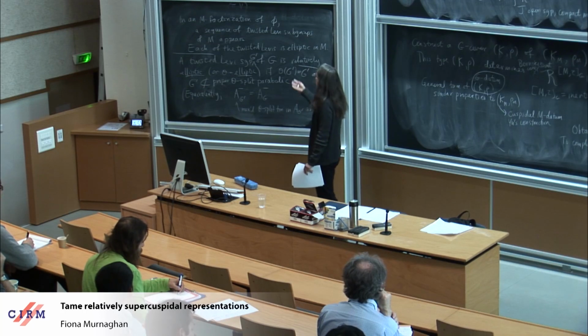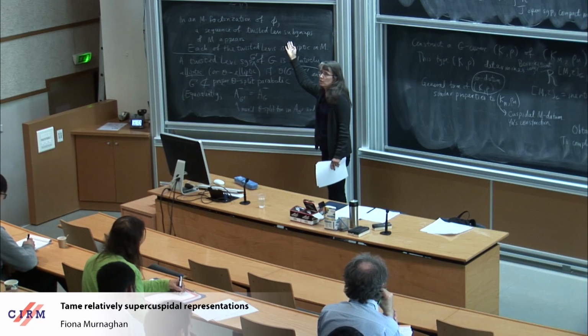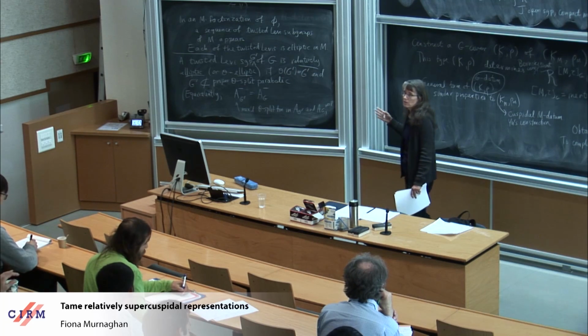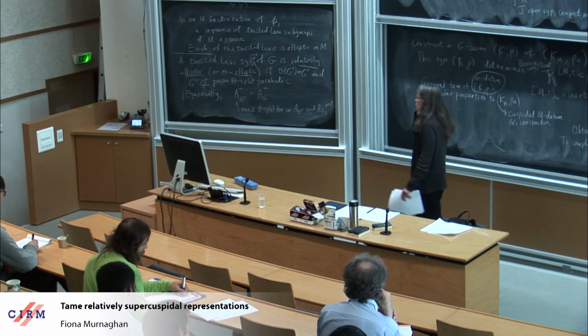It really is a direct analog, right? The elliptic ones are the ones that don't sit inside proper Levis, and the relatively elliptic ones are the ones that are theta stable and don't sit inside any proper theta split parabolic.